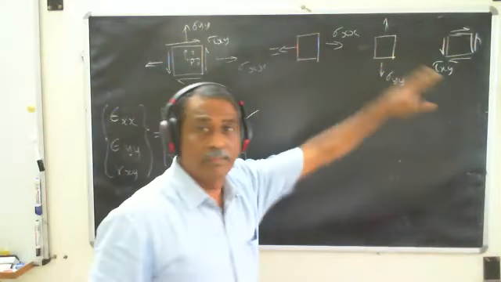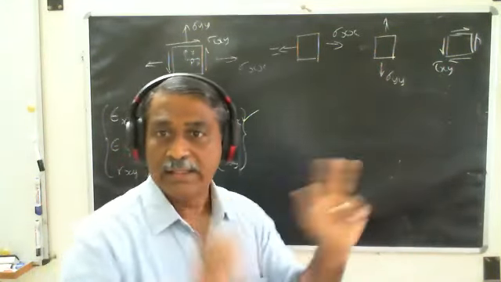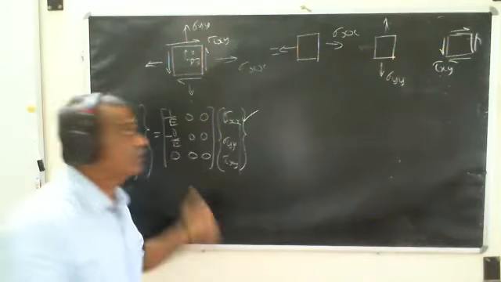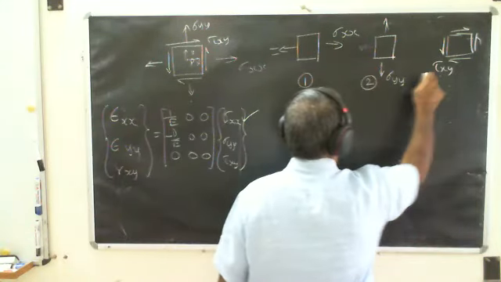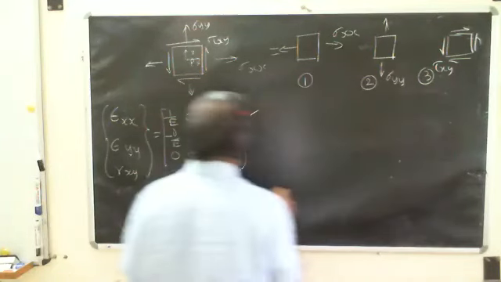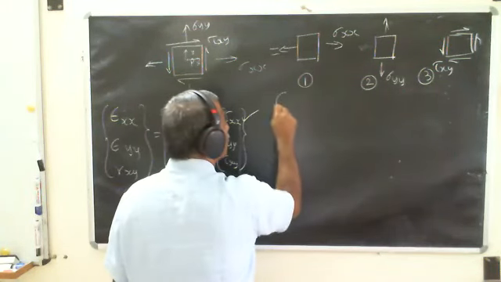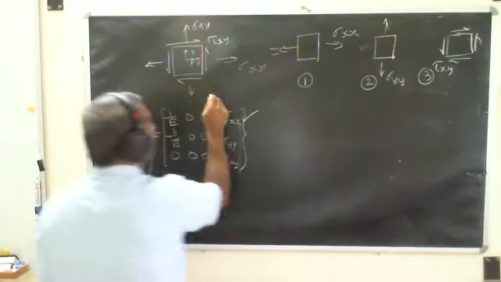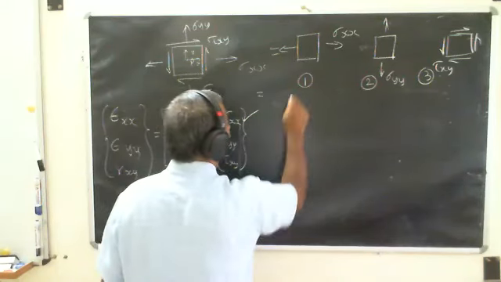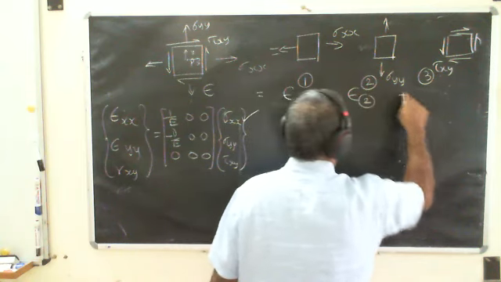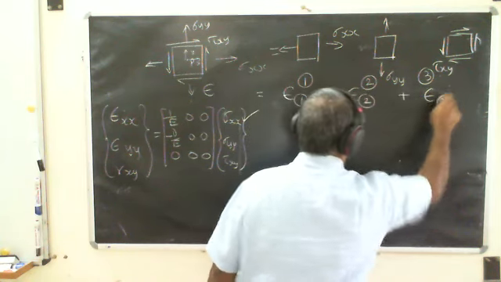Each one of them is easily handleable now. So I'm going to call these 1, 2, and 3. And therefore epsilon for this is equal to epsilon for 1 plus epsilon for 2 plus epsilon for 3. Got it?